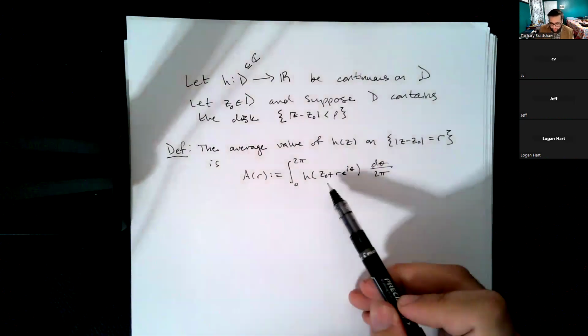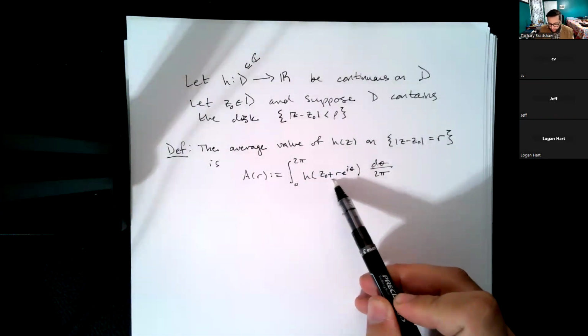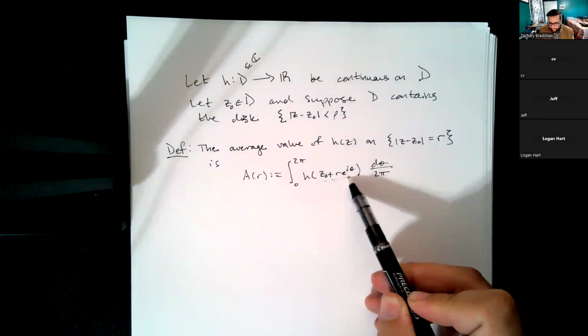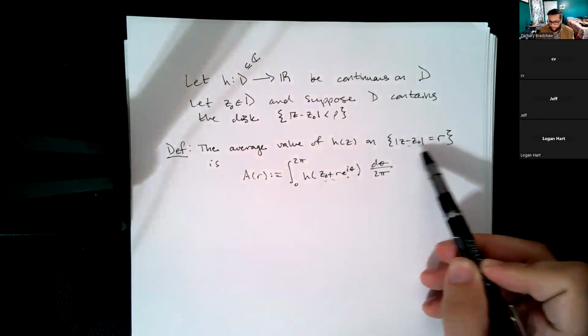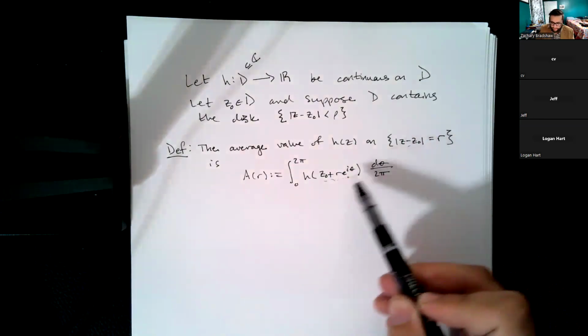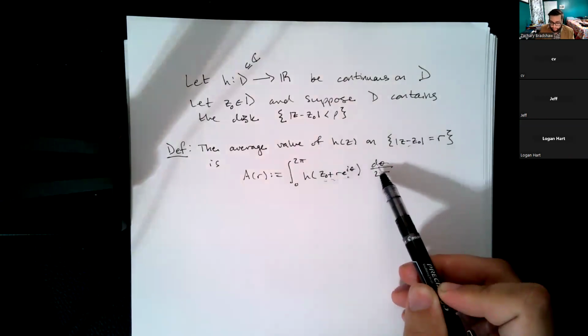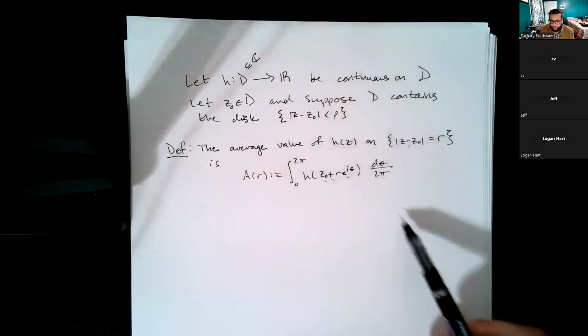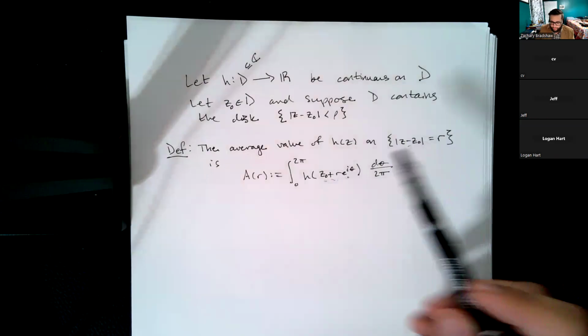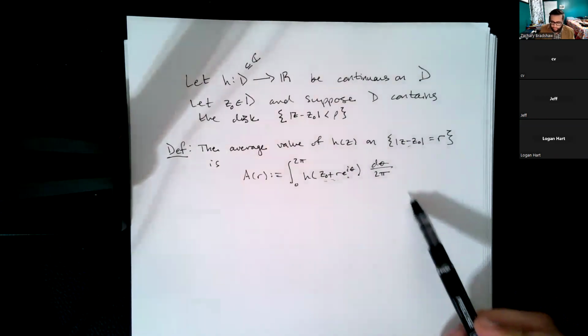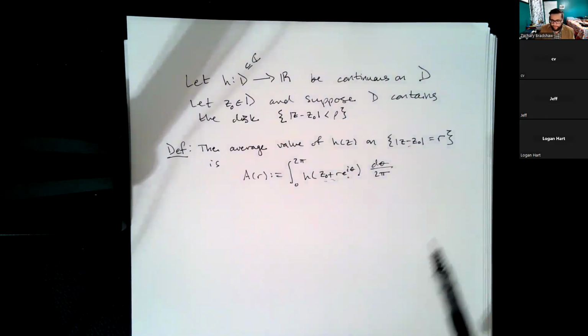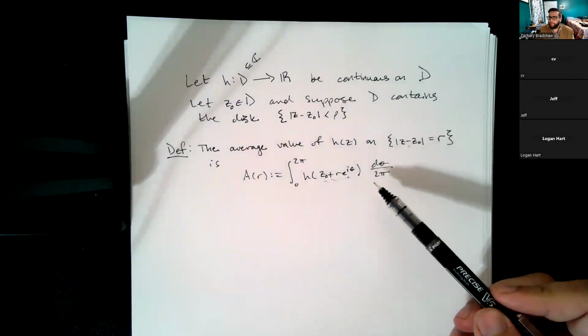So all of these points are just points that live on the circle defined by this equation here. And as we integrate theta from 0 to 2 pi, we're just going all the way around the circle. So we're integrating this function over the entire circle. So this is like a parameterization of a line integral.